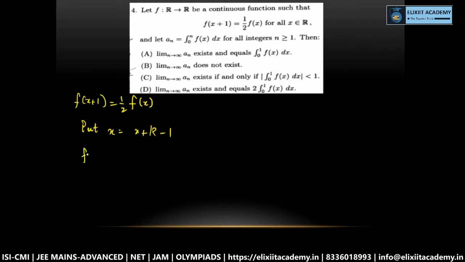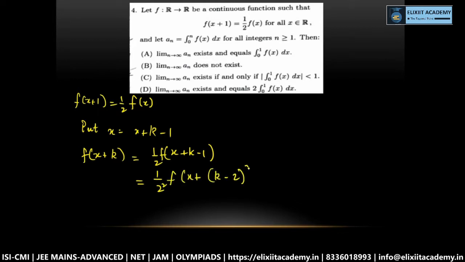So f of x plus k equals half into f of x plus k minus 1. Similarly, the next is half square f of x plus k minus 2, and so on. You will have half to the power k f of x. You can also verify this by induction.